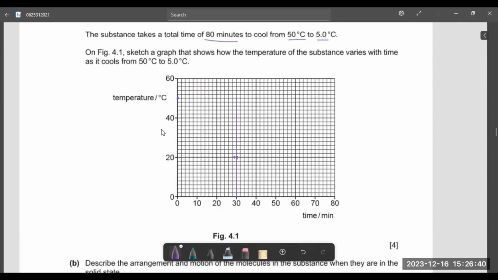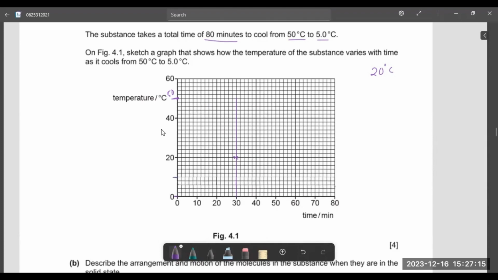So for a substance, its melting point is 20 degrees Celsius. Initially the temperature is 50. This is 40, this is 60, and the middle of that will be 50. So initially the temperature was 50, then it has been reduced to 5. Here, 5 means this is 0, and this middle point is 1, 2, 3, 4, 5.